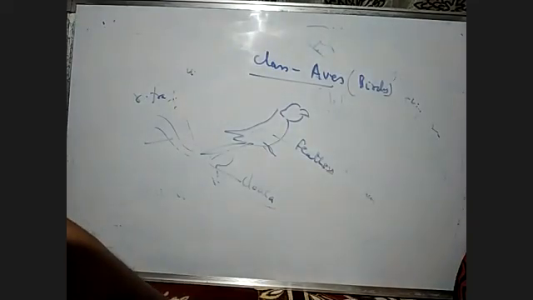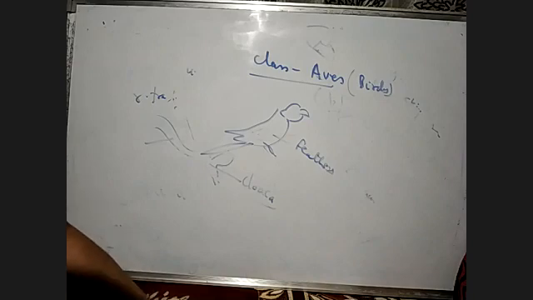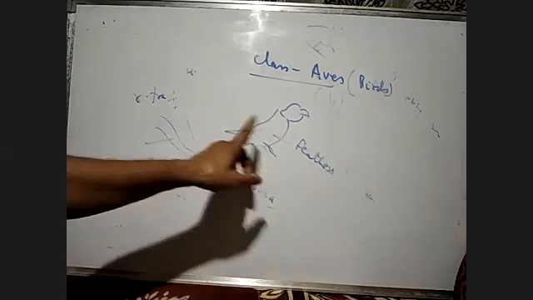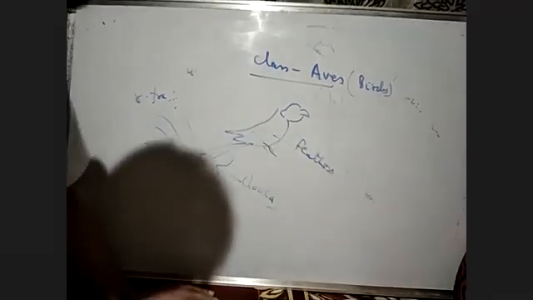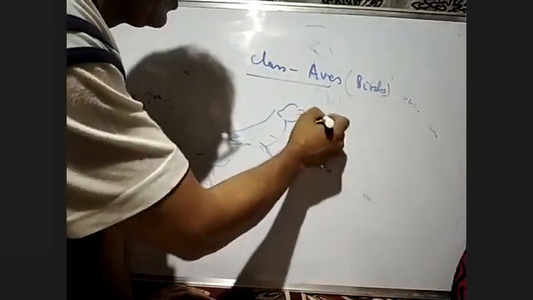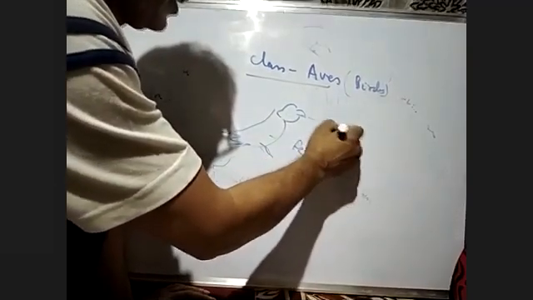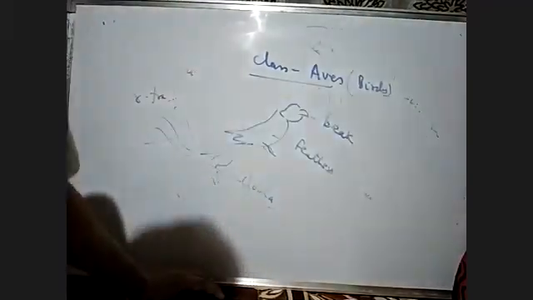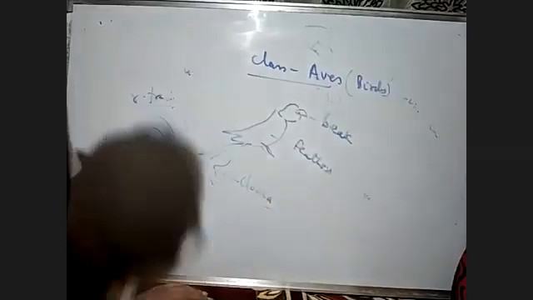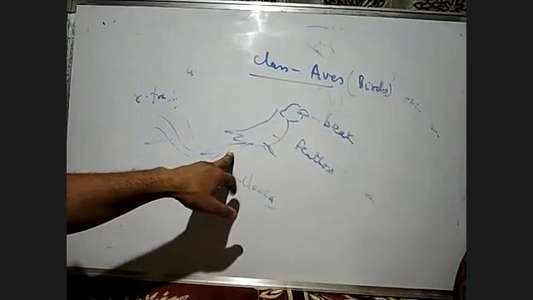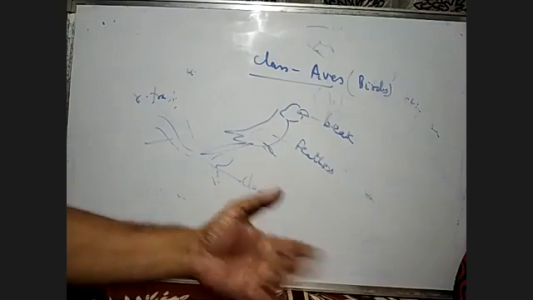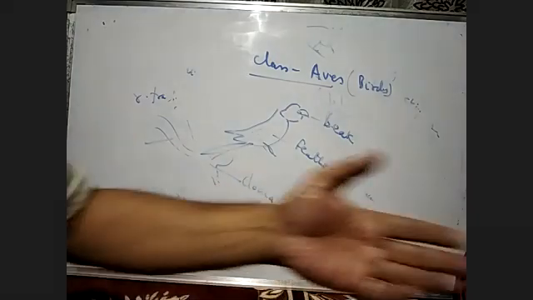Most of them can fly, except the flightless birds like the ostrich. Ostrich cannot fly. The most important characteristic they possess is the beak. They possess a beak, and the forelimbs are modified into wings. Well, that's different from the reptiles and amphibians, where we have seen forelimb and hind limb.